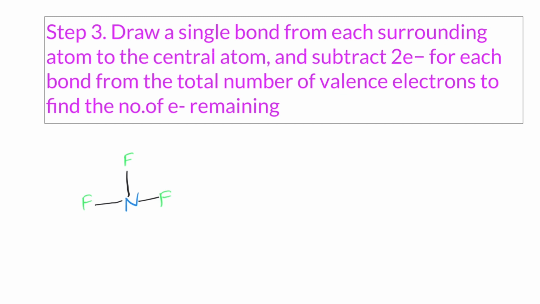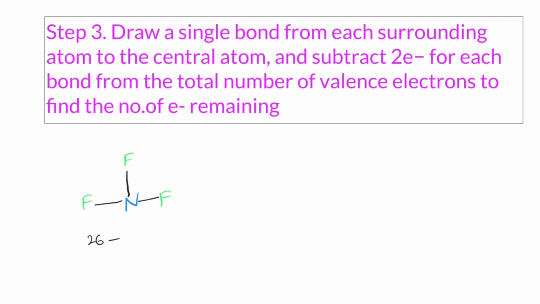So total how many electrons are there? 26 electrons. Out of 26, subtract 2 electrons for each bond. Therefore, how many bonds are there? 1, 2, 3. 3 into 2, 6 electrons I am subtracting.